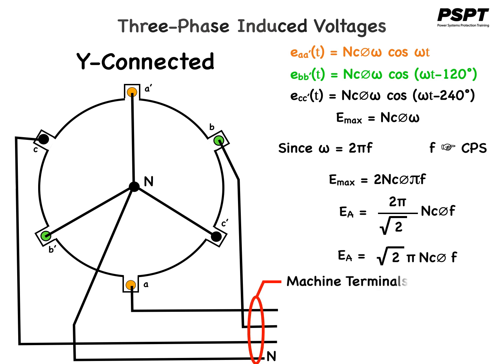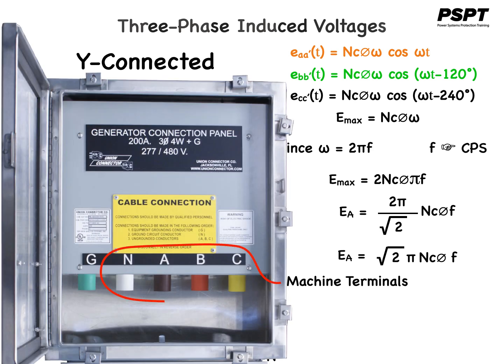The connections are brought out to the machine terminals, which in a real-life example would look something like this, and ignore the color coding for now. This is just an example of what a terminal box for a generator might look like.